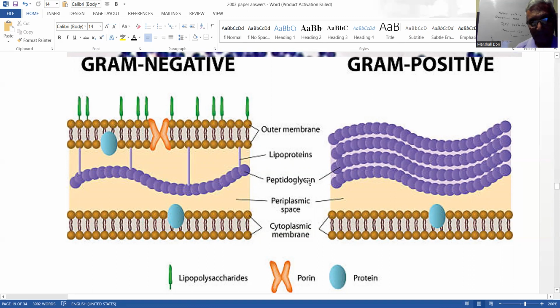What happens is when you put a dye in gram stain, you place a blue color dye.